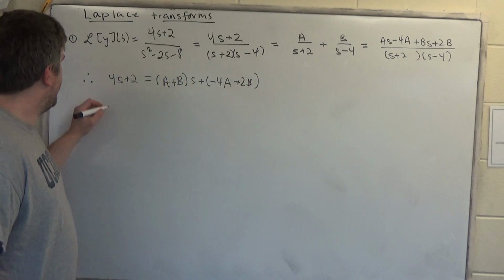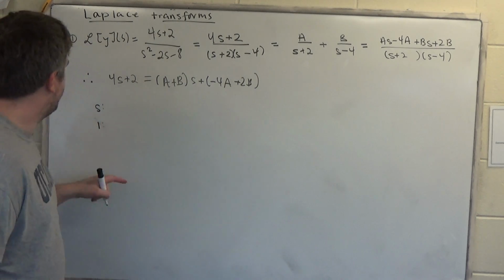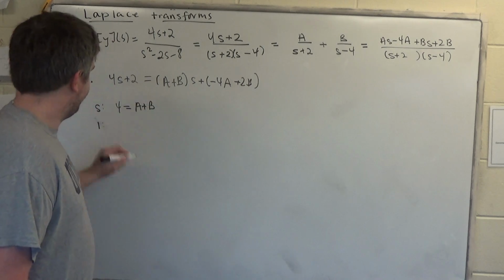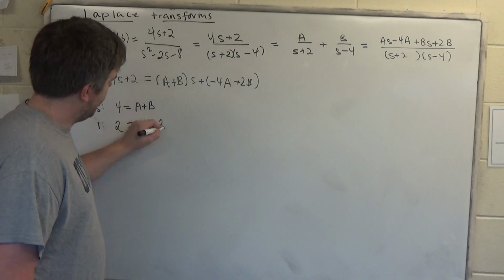Writing this out, by again collecting the coefficients of powers of s, we should have 4 = a + b, and 2 = -4a + 2b.